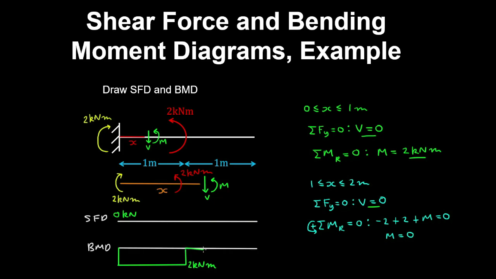And from x equals 1 meter to 2 meters, the bending moment is 0. And if you recall our sign convention, sagging moments are positive by this convention.